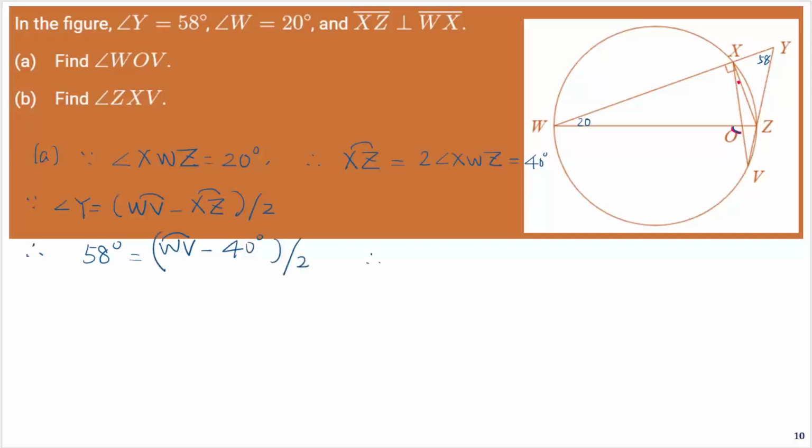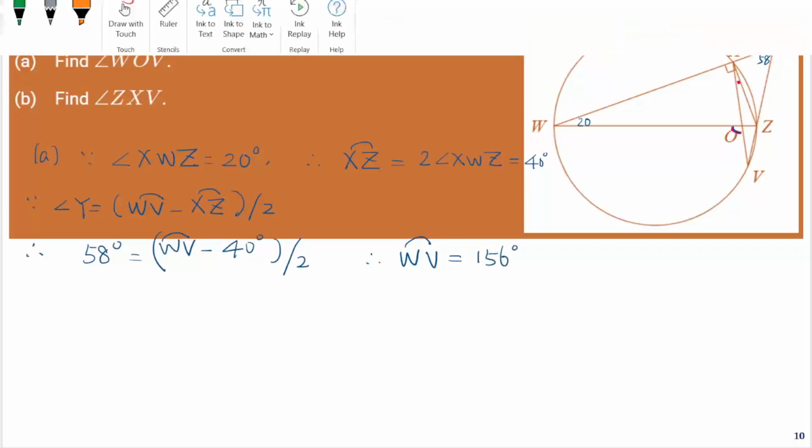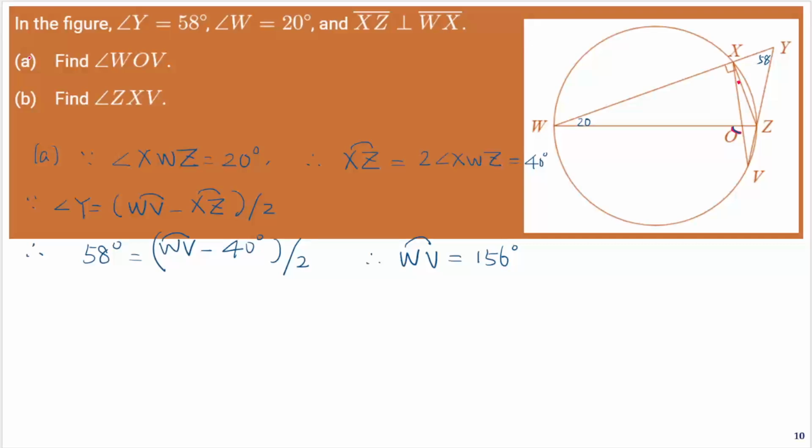So that solves arc WV as 156 degrees, right? Therefore, we have the two crucial measures of arc XZ and arc WV. So WV here is 156, XZ here is 40, right?